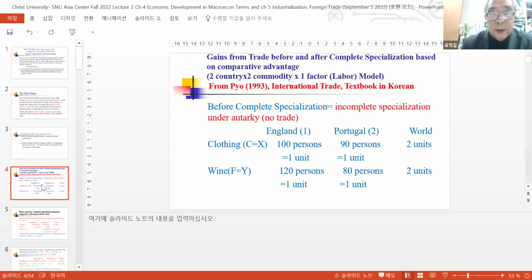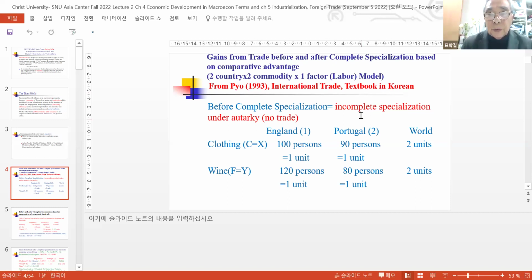Again, let me apologize that the numerical example that I'm looking at and sharing with you is from my old international trade textbook, as quoted here on slide number 4 from Pyo 1993 International Trade Textbook in Korean.